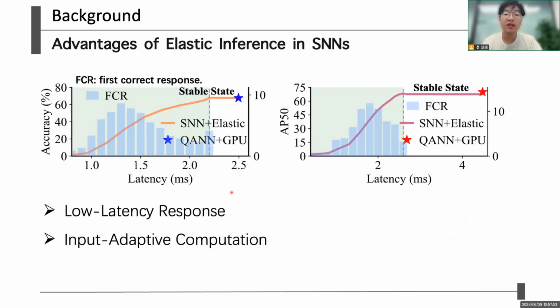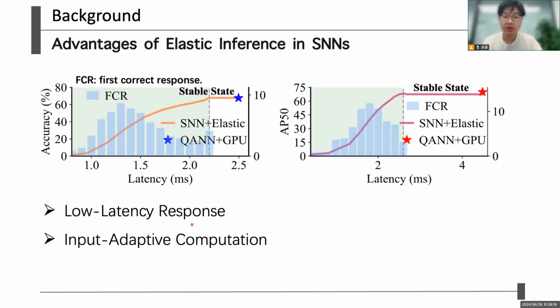We further quantify the benefits of elastic inference on ELSA by comparing it with GPU-based QNN baselines. The left figure reports the image classification result on ImageNet, while the right figure reports object detection on COCO 2017. FCR denotes first correct response.